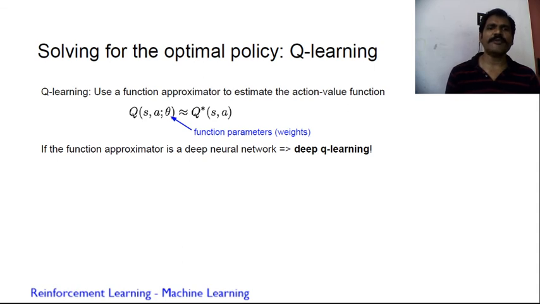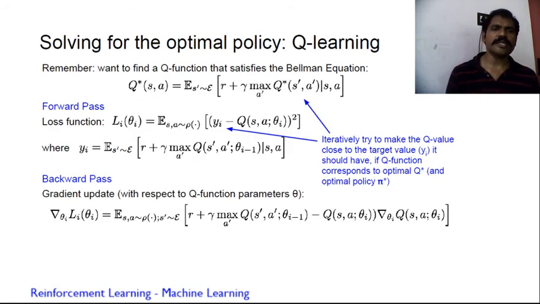So, solving for the optimal policy with Q-learning, we use a function approximator to estimate the action value function. Here we use theta, the function parameters, and this is what we call deep Q-learning. We use a loss function, with a forward function and a backward function, so that we get the optimal policy at the end.